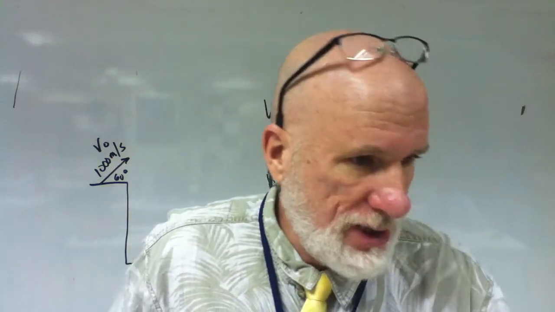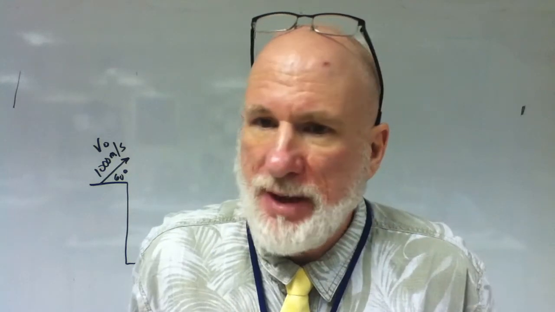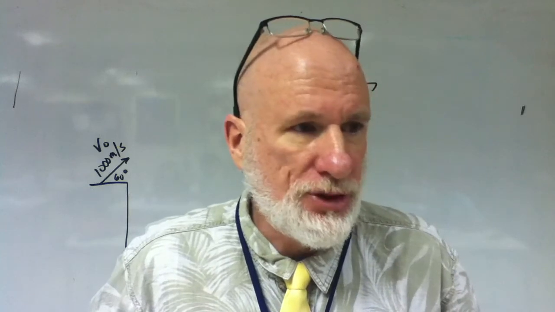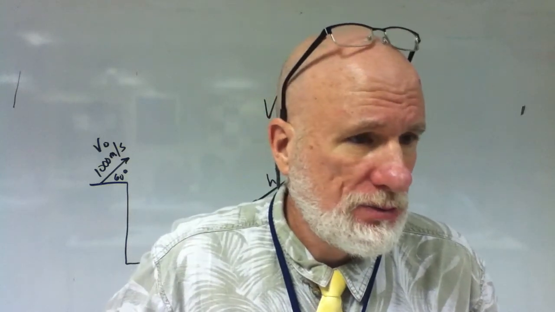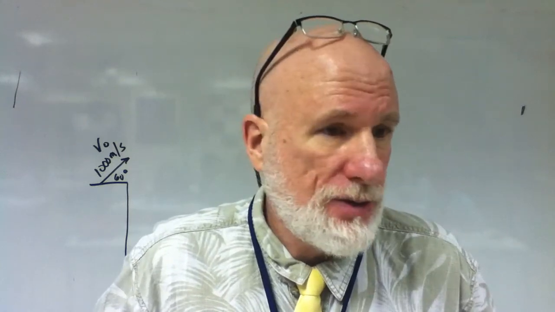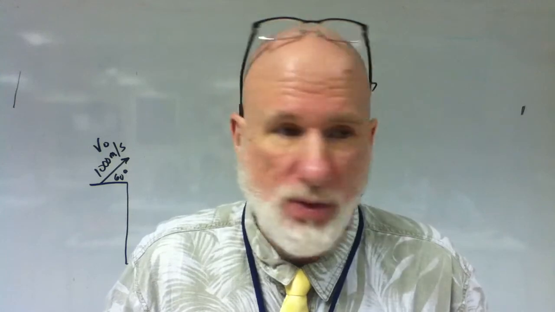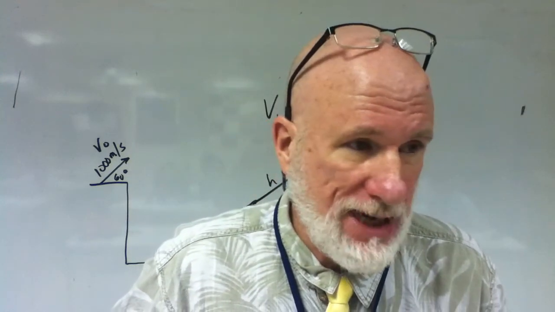Somebody took a quiz yesterday and was a little confused with that. So VH and V naught is the same thing. The idea is, when I give you projectile motion, I oftentimes will give you what you might consider the resultant, and then you have to work backwards to resolve it for X and Y. Now, we've been doing that for so long, it should be very much second nature.